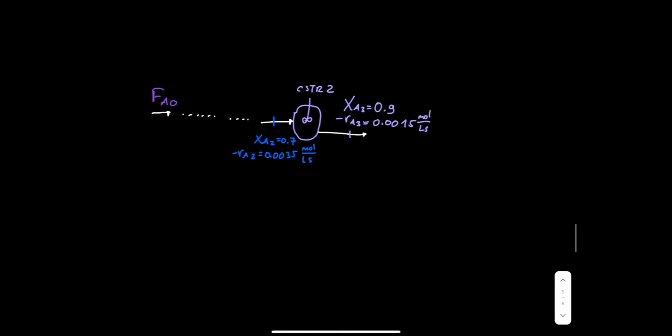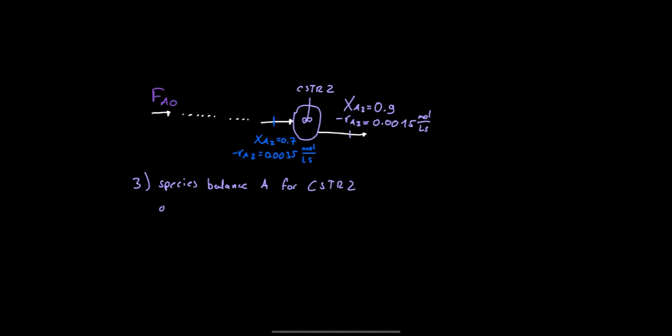And now we take a closer look into our last reactor, and we will use the same procedure as CSTR1. So let's quickly go through it. We will do a species balance for the species A for the CSTR2.